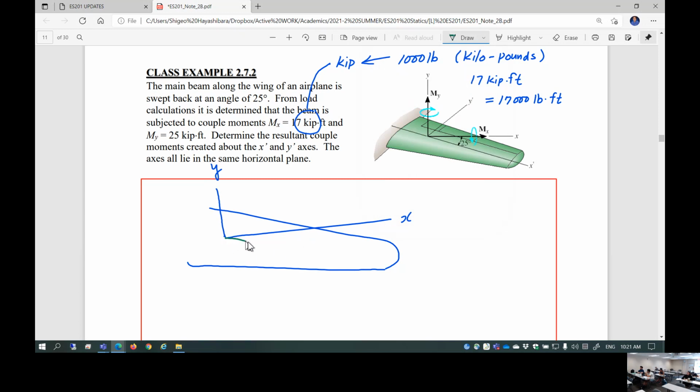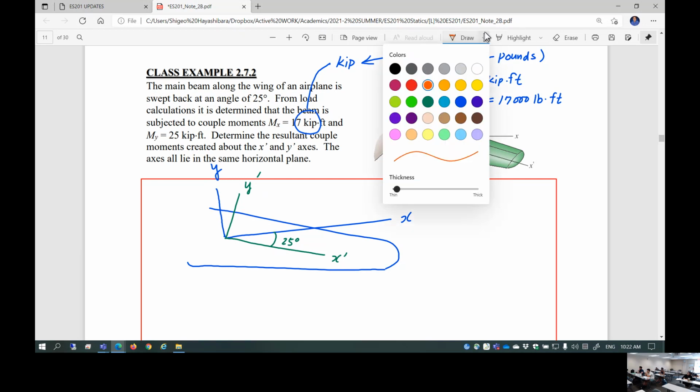So it looks like this is Y prime and X prime. And then the angle here is 25 degrees.